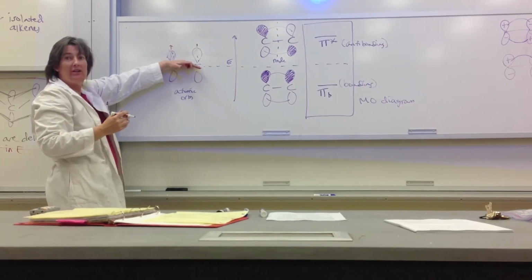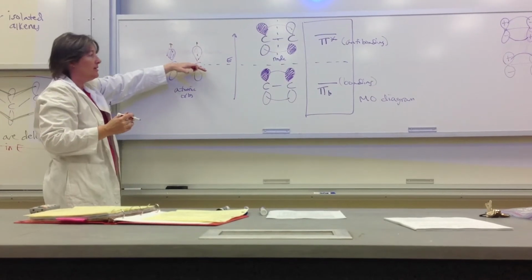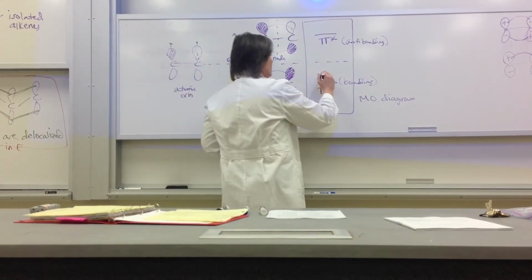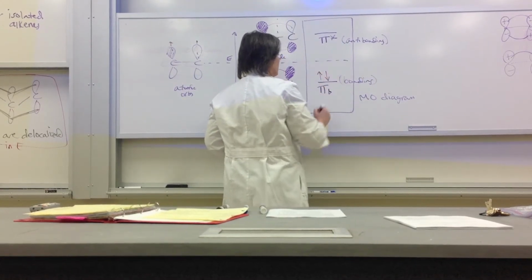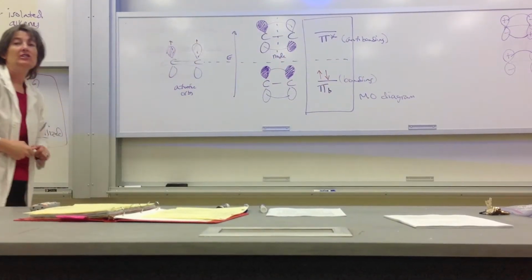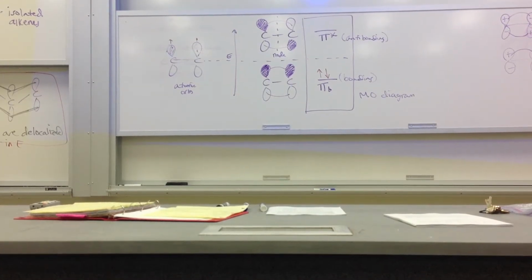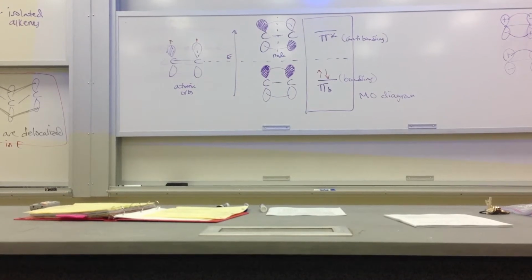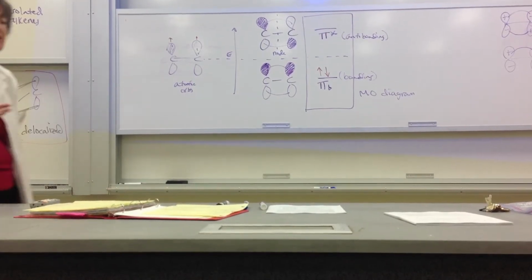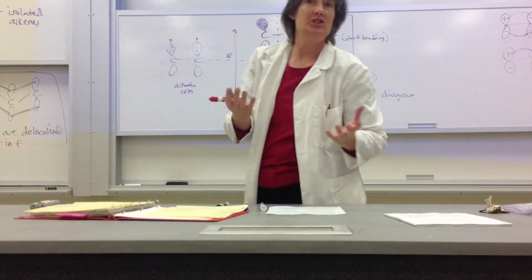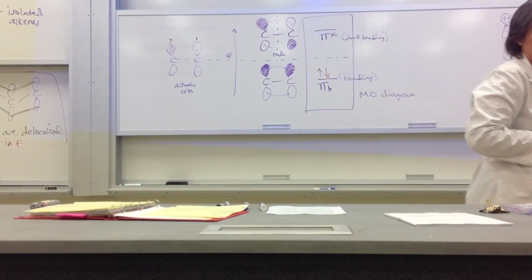This is their energy. When I go to put them into a molecular orbital, their energy is lower overall. So it's better to do that. So with ethylene, I have a filled bonding MO, nothing in the anti-bonding, and this model predicts that should be stable, and it is.